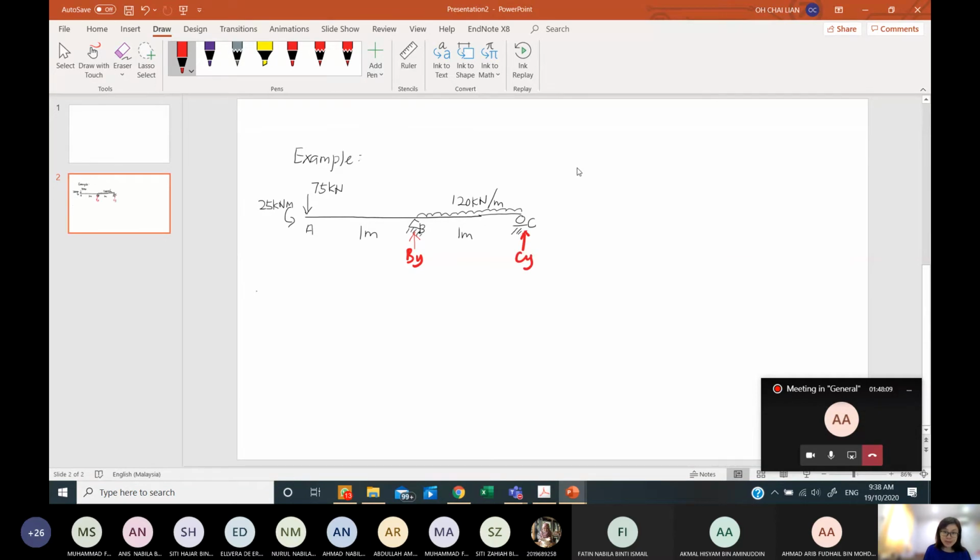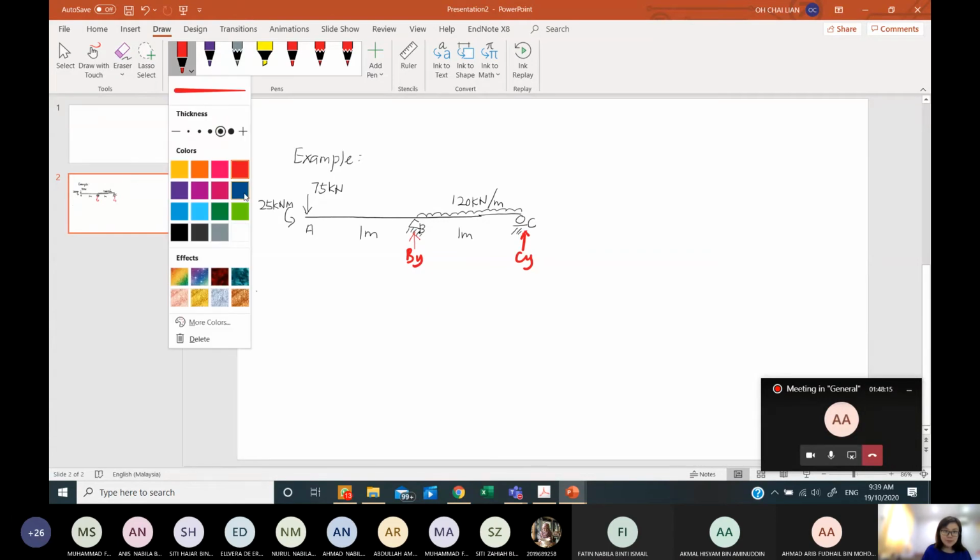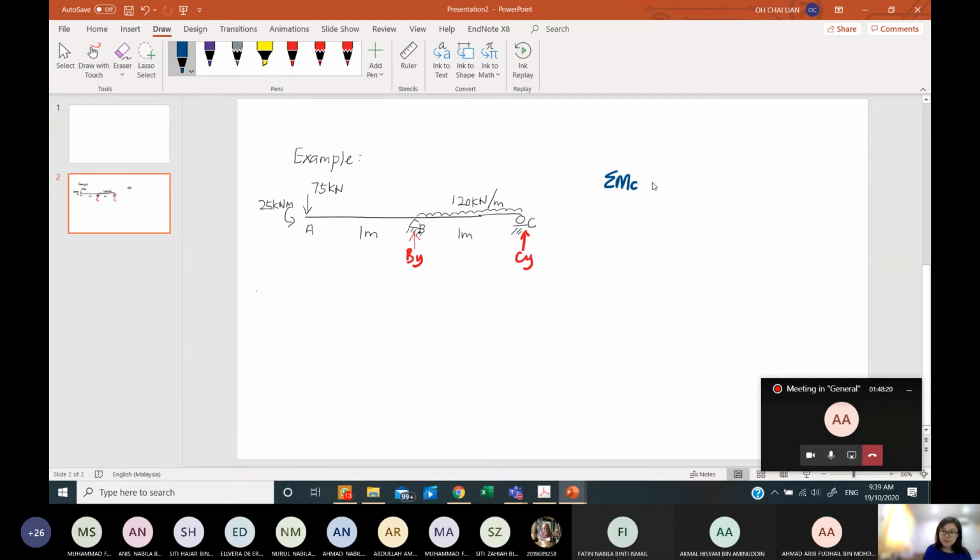I will take the summation of moment about C equal to 0, and I put clockwise as positive in my assumption. Now I want to determine my support reaction. I will have loading of 25 kilonewton meter, 75, and 120 kilonewton per meter, and BY. Oops, not CY. CY will be eliminated in this case.